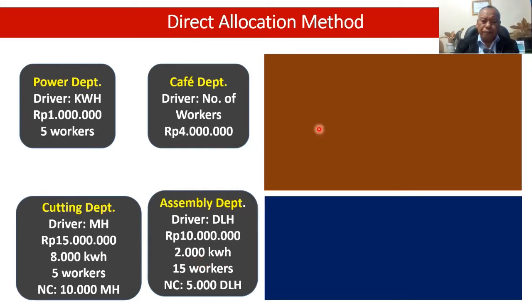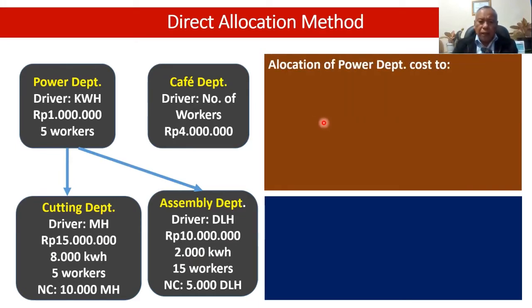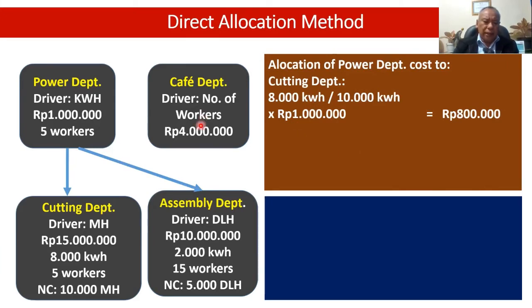Then we can allocate the power department costs by ratio: the kilowatt hours consumed by each producing department divided by the total kilowatt hours, times the 1 million power department cost. So 8,000 divided by 10,000, which is 8,000 plus 2,000 kilowatt hours, times 1 million.